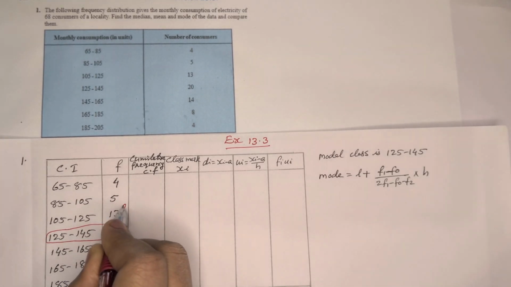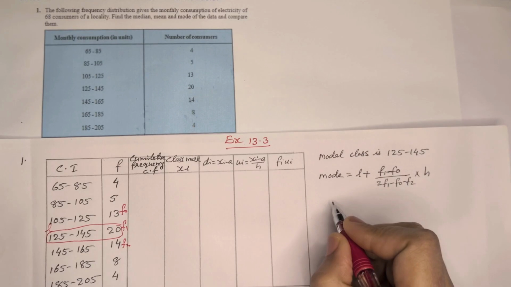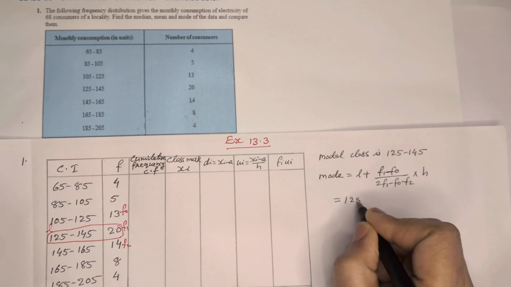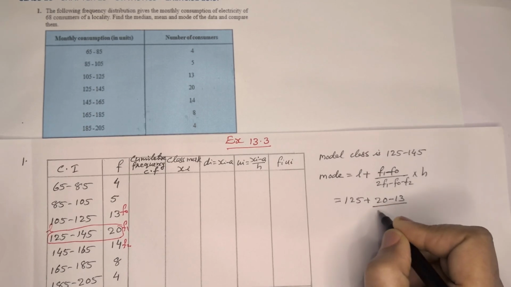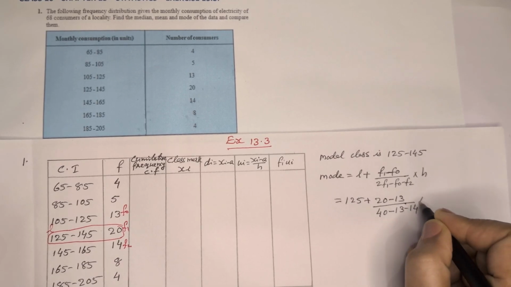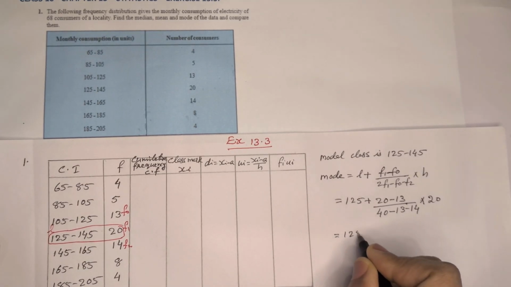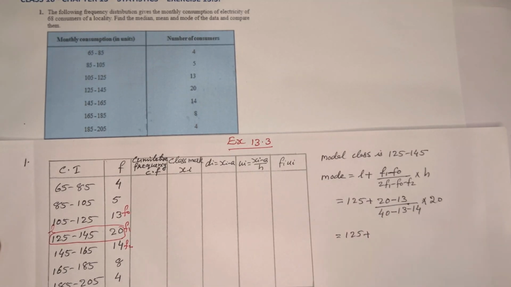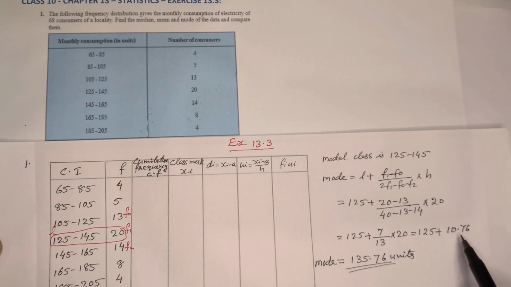This is F1, F0, F2, and this is L. So mode is equal to L plus, L is 125, that plus F1 is 20, 20 minus 13 by 2 F1 is 40 minus 13 minus 40, that into h, that is 20, which is equal to 125 plus 20 minus 13 divided by, that is here 7 by 13 into 20, which is equal to 125 plus 10.76.